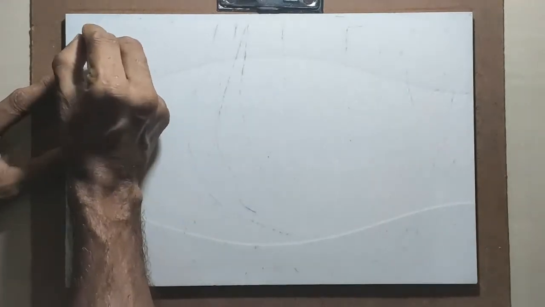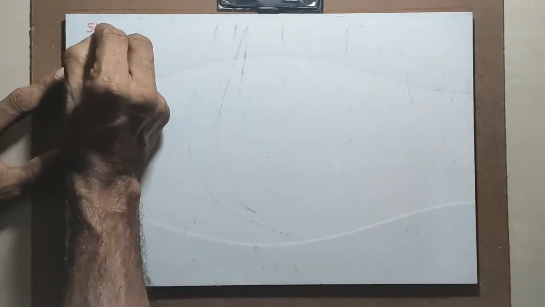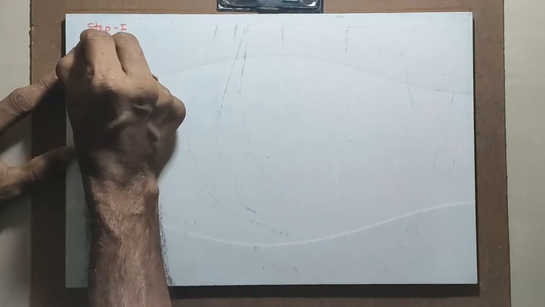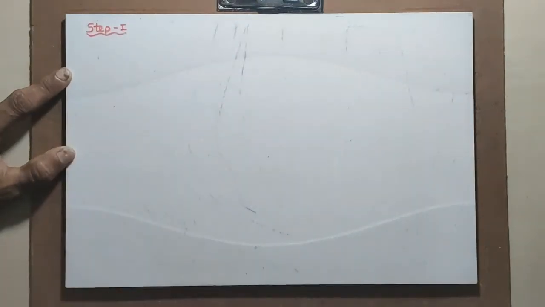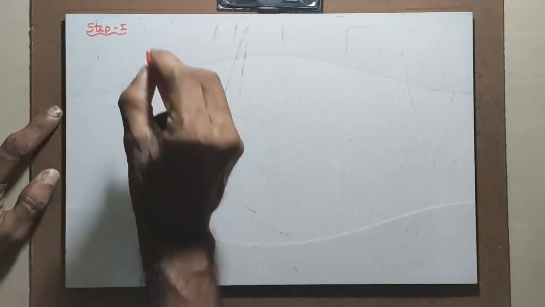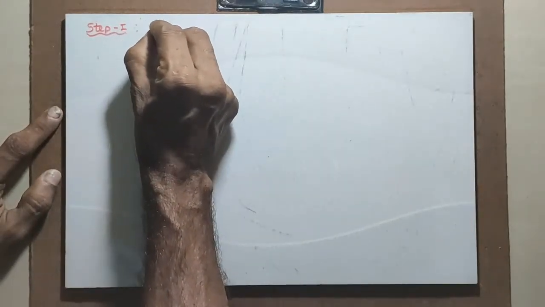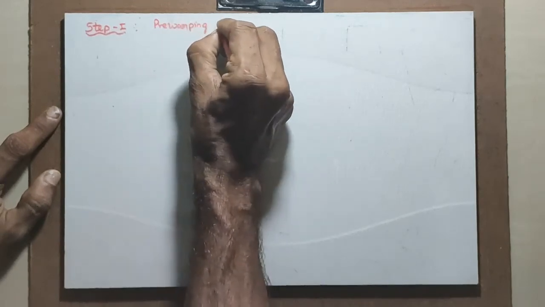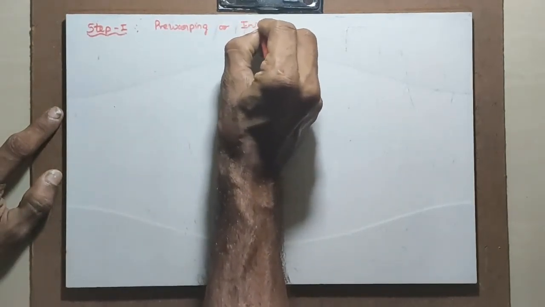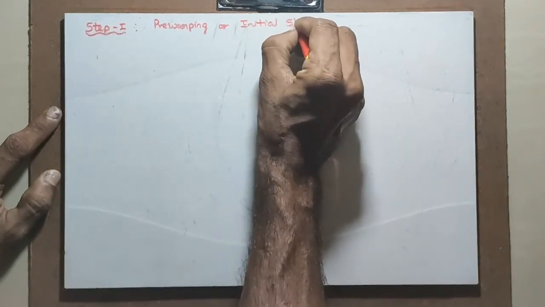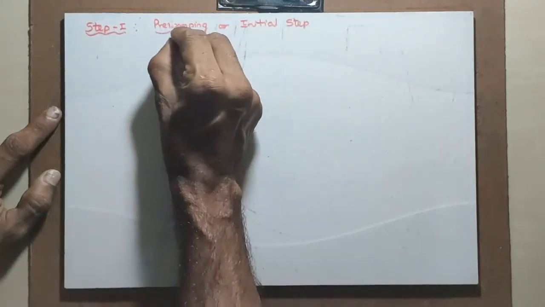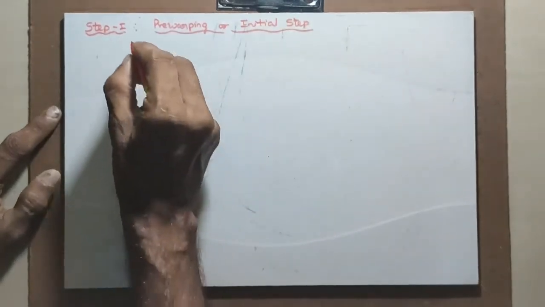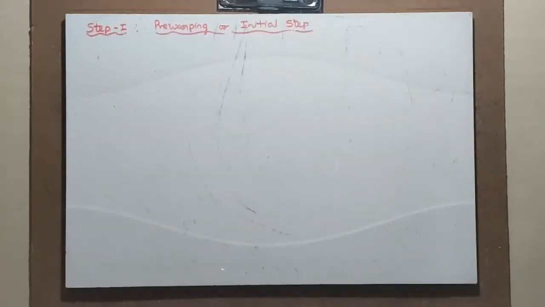You already know the different steps that are there. Step 1, we call it pre-warping or the initial step. Let us write the things which are given to us.